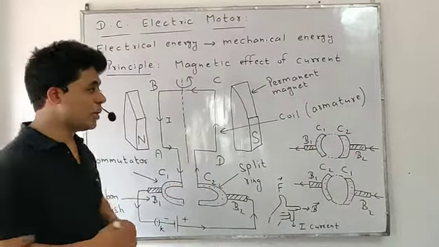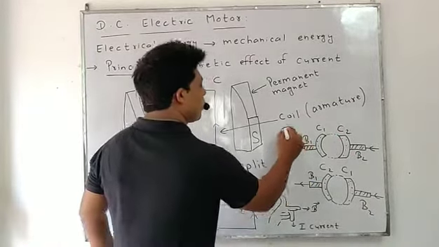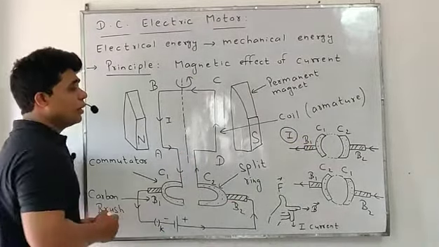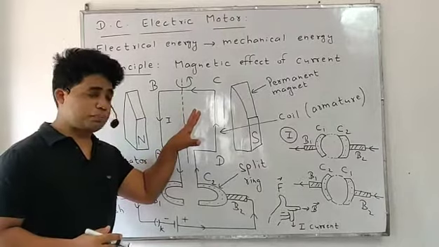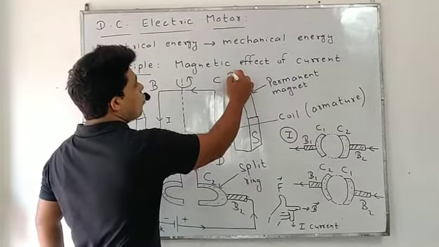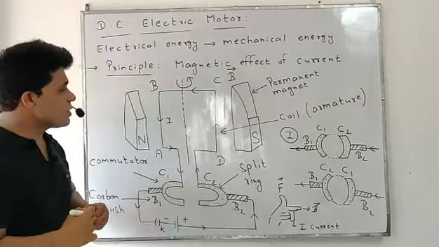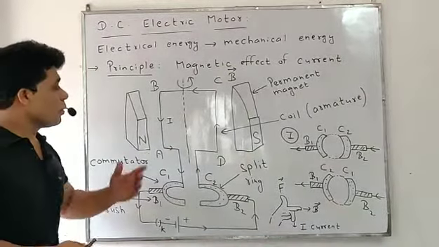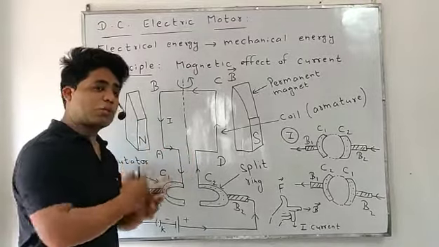That is the direction of current in the first half cycle. When the current flows, it experiences force in the presence of the strong magnetic field. As a result, the coil starts rotation. Look students, this coil starts rotation motion.